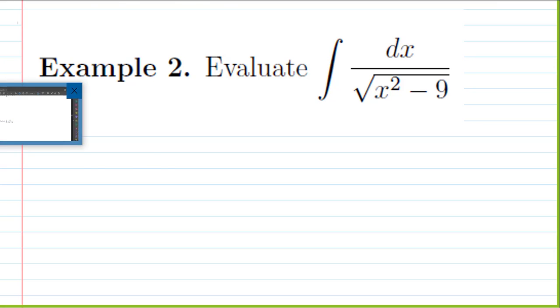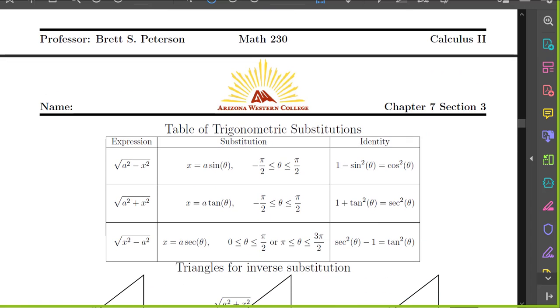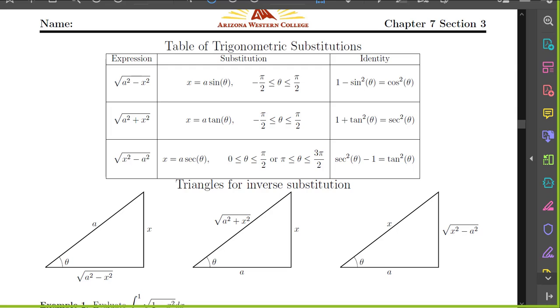So let's take a look at our substitution suggestions. We've got something of the form x squared minus a squared. That puts us in row number 3 in our table. So our suggested substitution is x equals a secant theta.